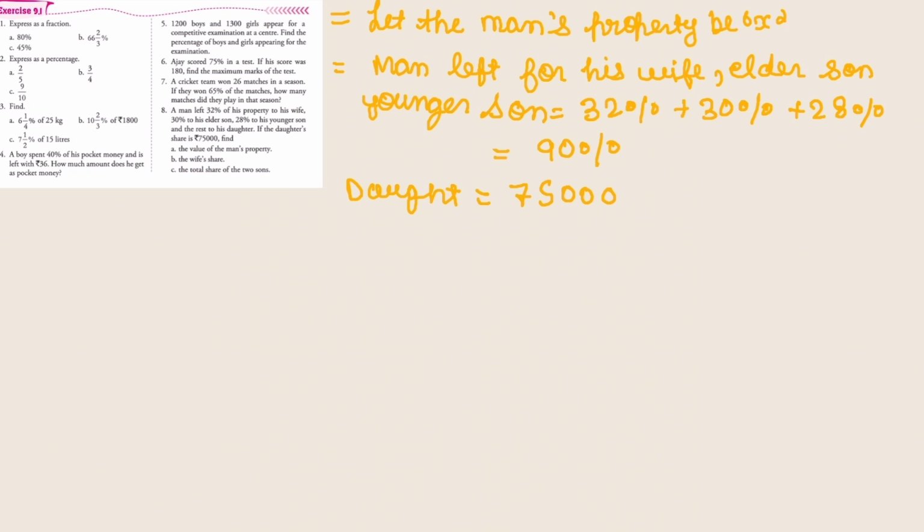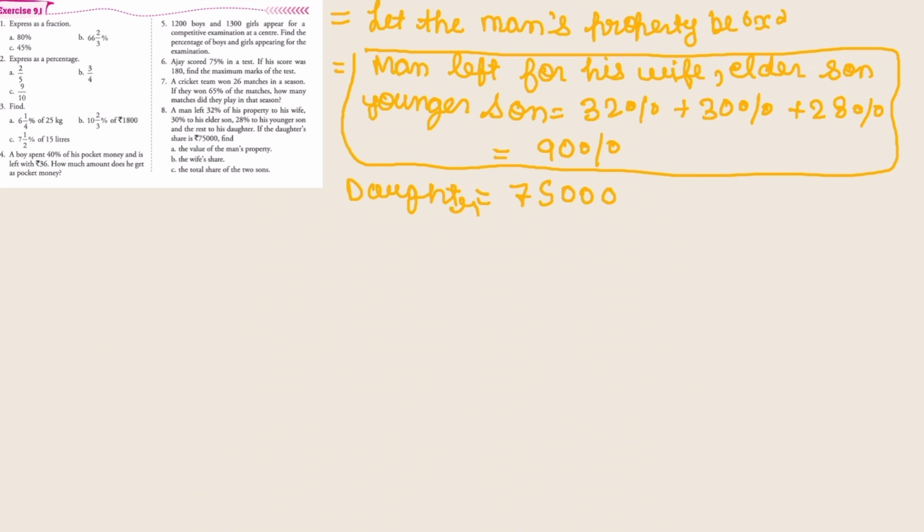The total percentage of his property left to his wife, elder son, and younger son is 90%. So basically, the daughter's share is 75,000.